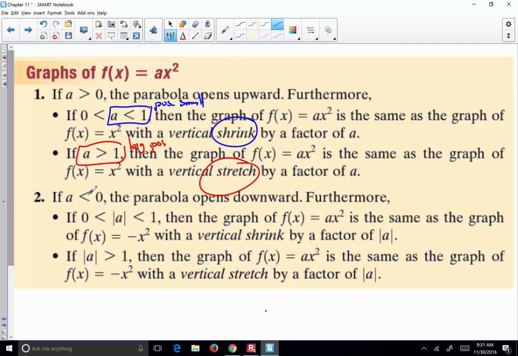If a is negative and small, it makes this shrink again. A negative big number, a is negative and this time big, it stretches, but it's upside down.